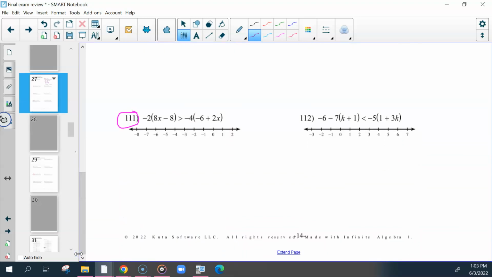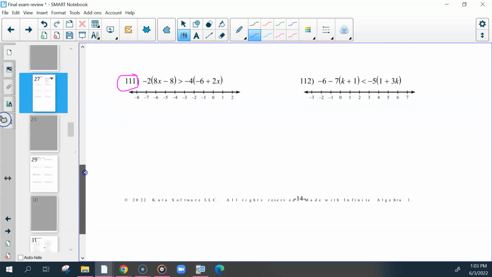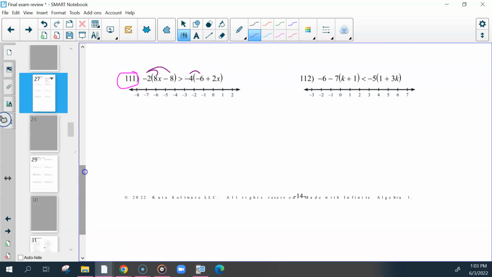The last one we're going to do is 111. Same process, we need to get x by itself, but first we need to distribute on both sides. So we have negative 16x plus 16 is greater than 24 minus 8x.